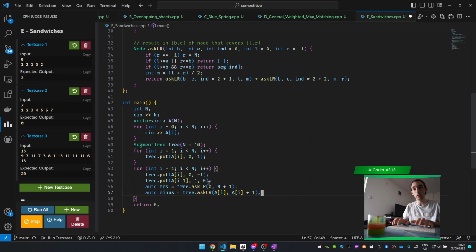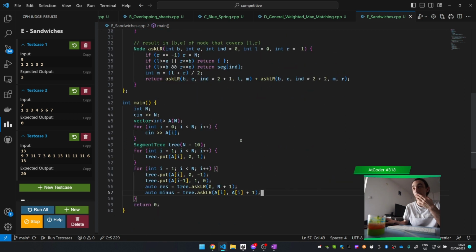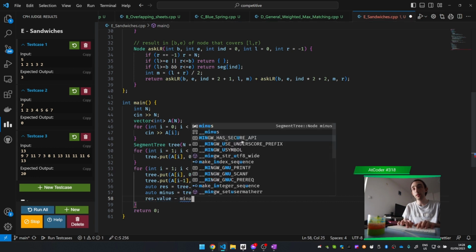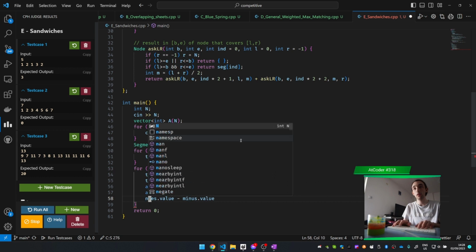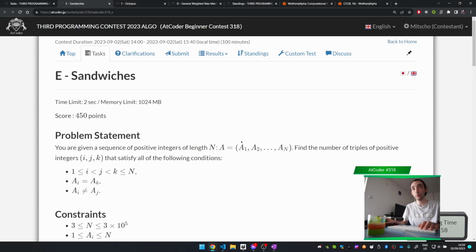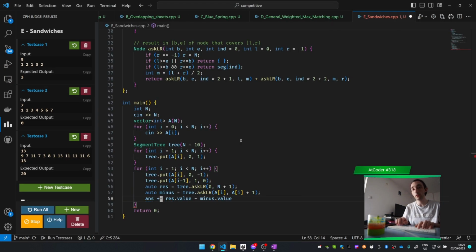So this is just only this node, right? That's correct. So res dot value minus dot value is whatever. And what do we want to find? The maximum? Find the number of triples. Yeah, the answer is this.